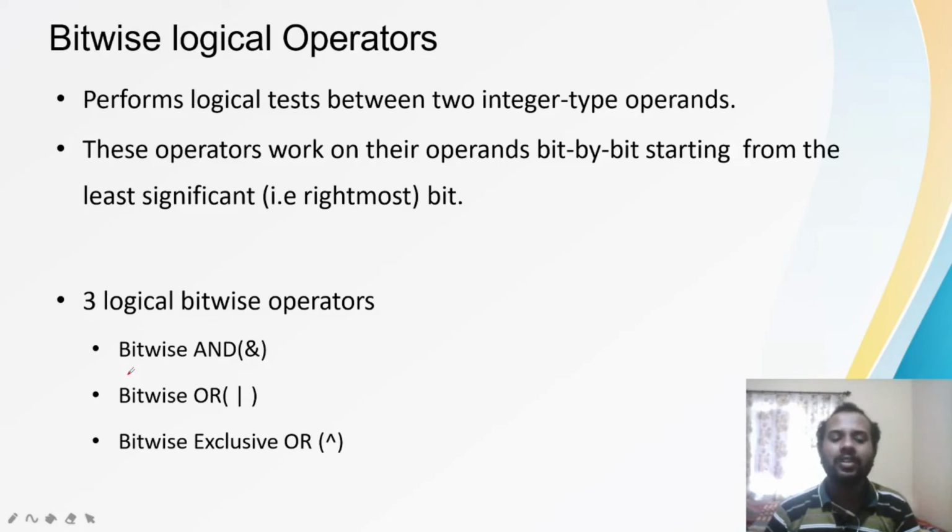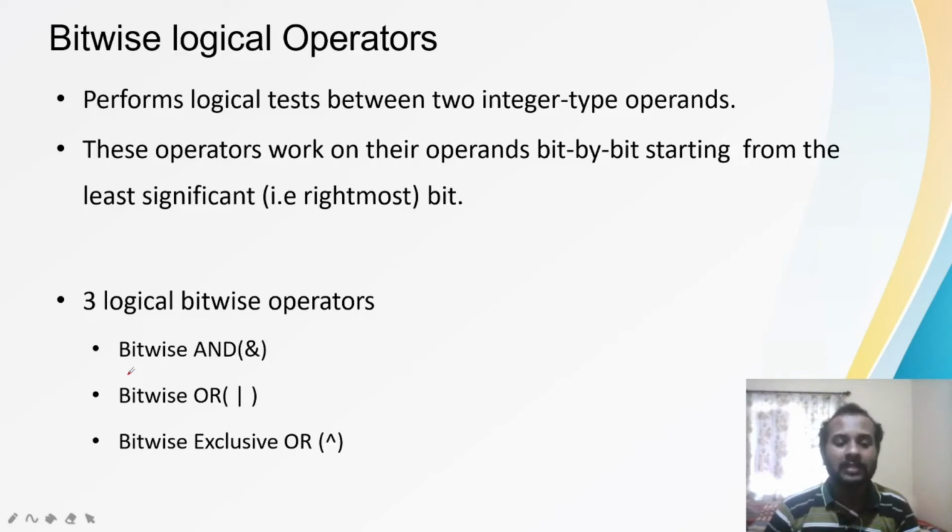What is the operation of bitwise AND? If both the bits are 1, then only your output will be 1. Otherwise, your output will be 0. And in the bitwise OR, if any one of the inputs is true, then your output will be true, or 1.